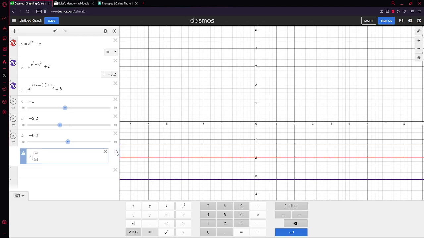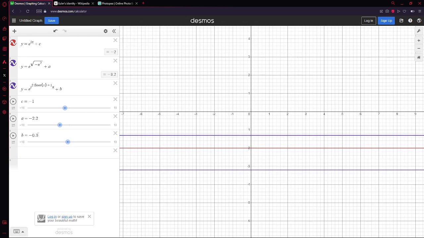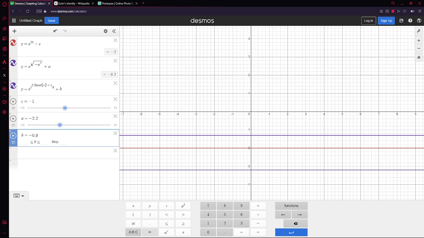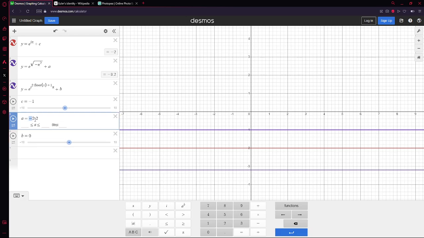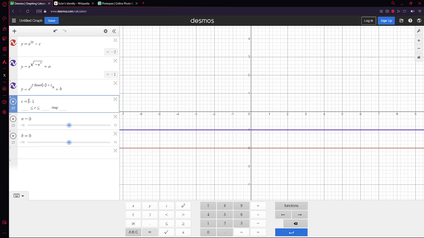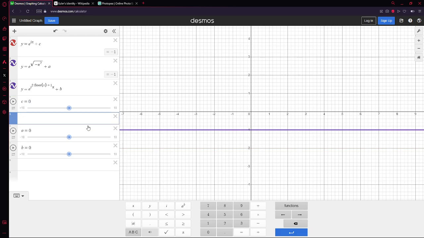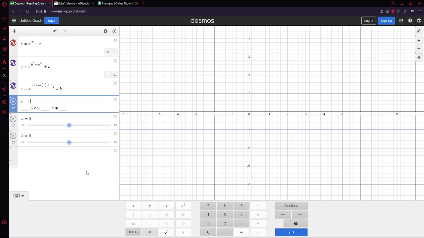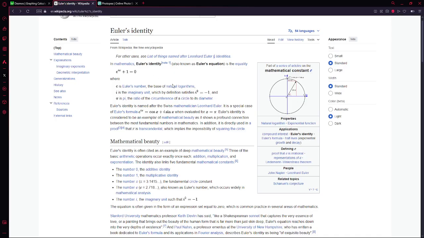I tried pressing here, didn't work, but 3 different Euler identities. No clue how.